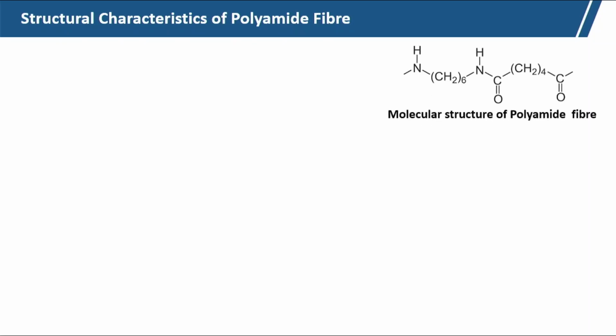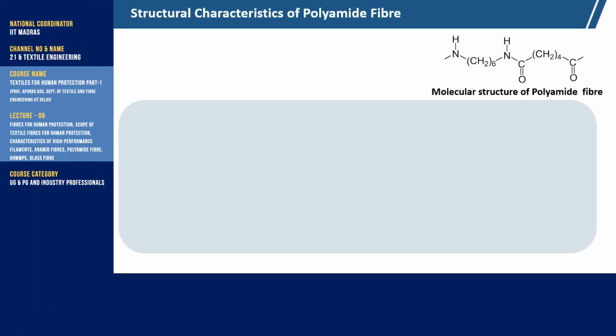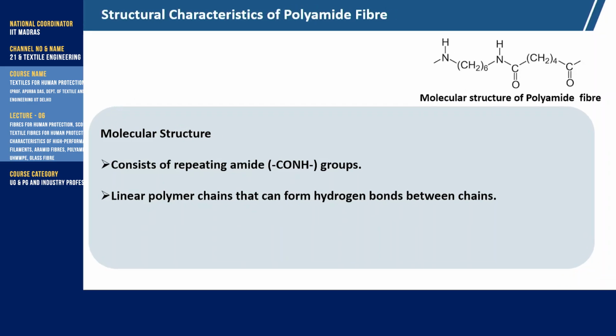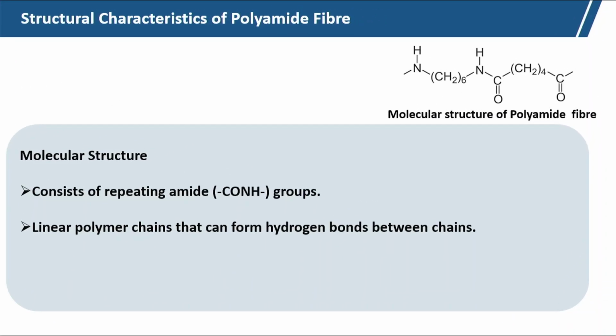The structural characteristics we can see here: the molecular structure consists of repeated units of amide CONH groups, a linear polymer chain that can form hydrogen bonds between the chains.